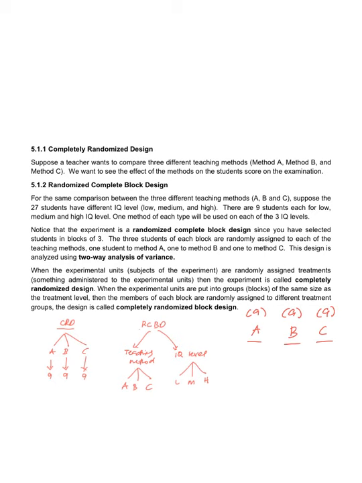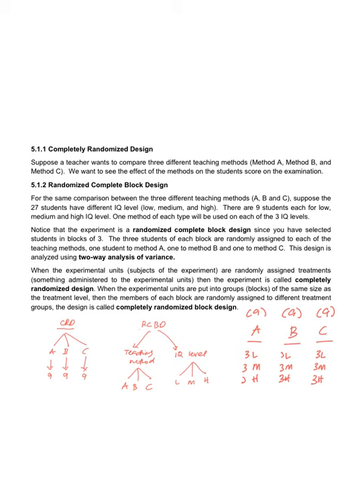So untuk method A akan ada 3 student that have low IQ level, 3 student that have medium and 3 student that have high IQ level. Same goes to teaching method B, 3 low, 3 medium and 3 high. And also teaching method C, 3 low, 3 medium and 3 high. Okay, but susunan dalam ni adalah kita perlu buat dia secara random lah.